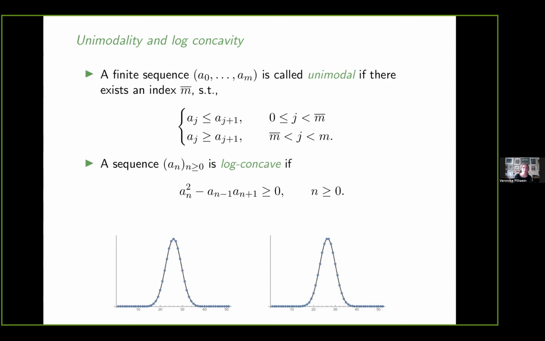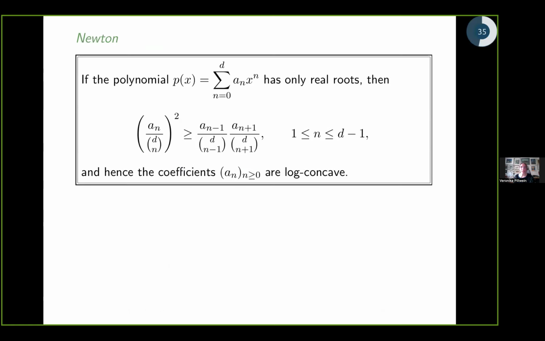In fact, the binomial coefficient is also log concave, and if I have a positive sequence, then log concavity is stronger than unimodality: log concavity implies unimodality.